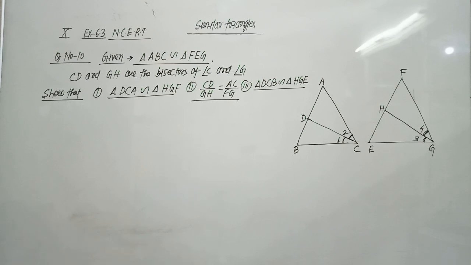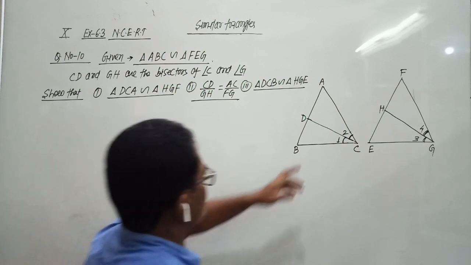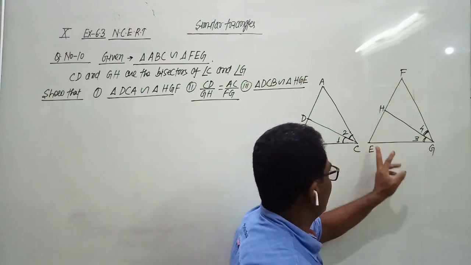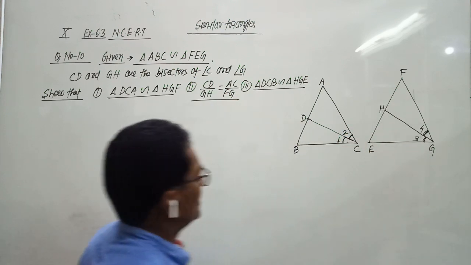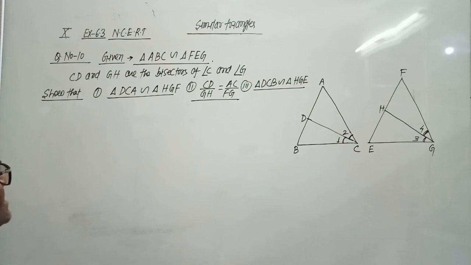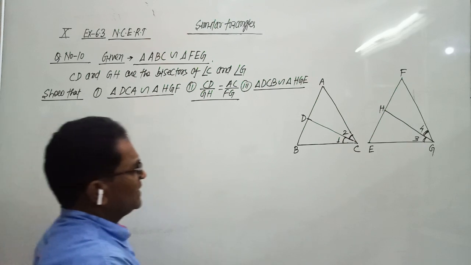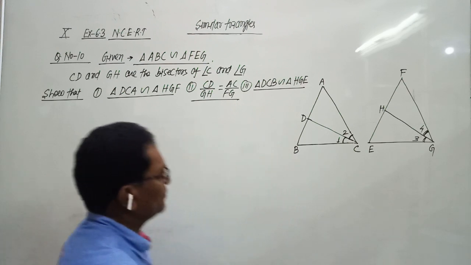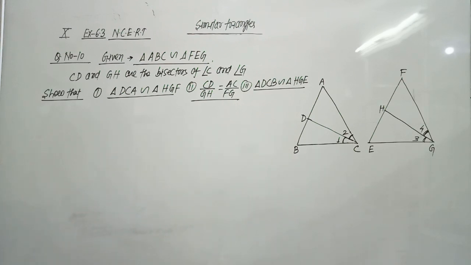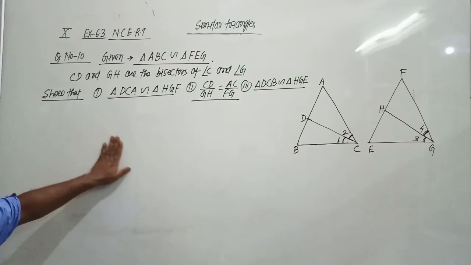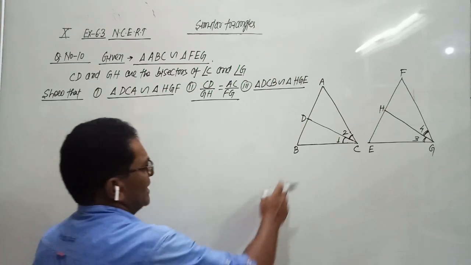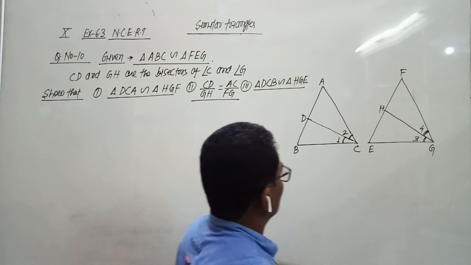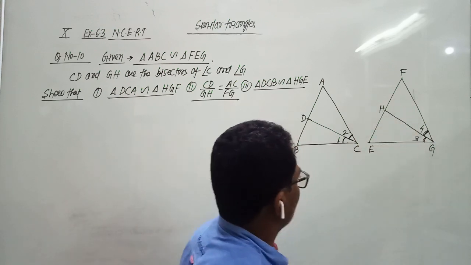Triangle ABC is similar to triangle FEG. These two triangles are similar, in which CD and GH are the bisectors of angle C and angle G. The first part we have to prove, triangle DCA is similar to triangle HGF.